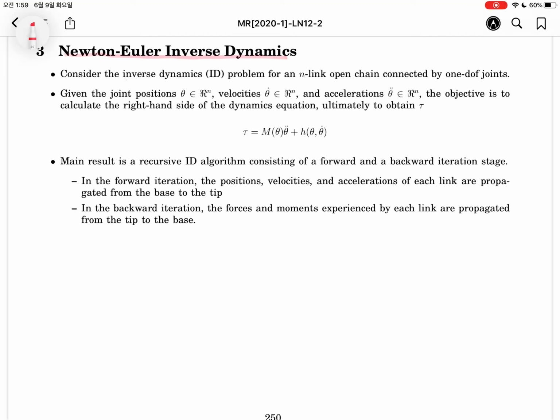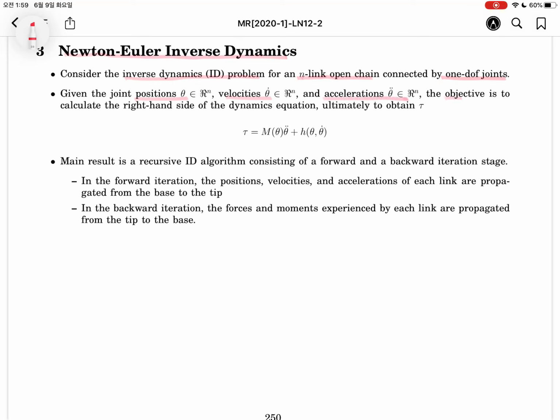Okay, let's consider the inverse dynamics problem for an n-link open chain connected by 1 degree of freedom joints, such as revolute or prismatic. For given joint position theta, velocity theta dot, and acceleration, those are given.